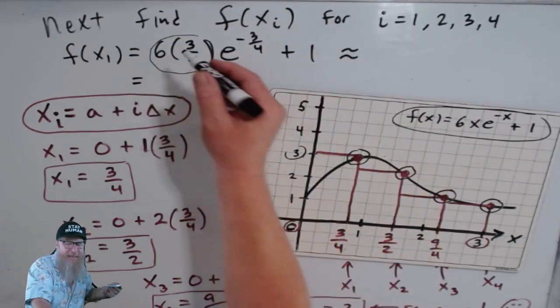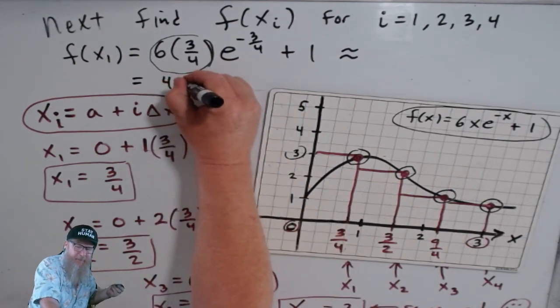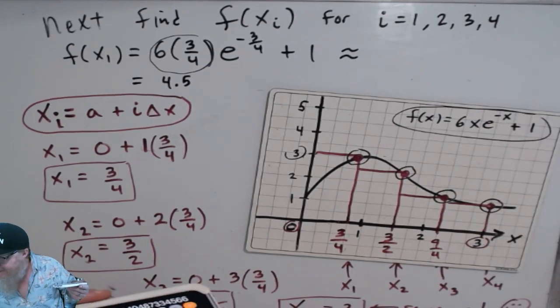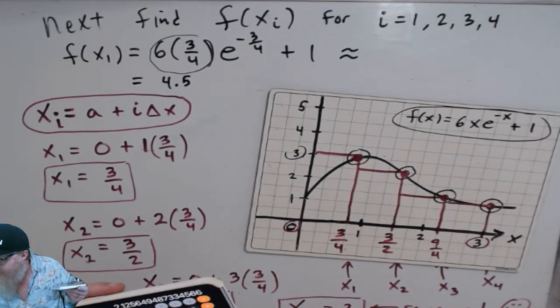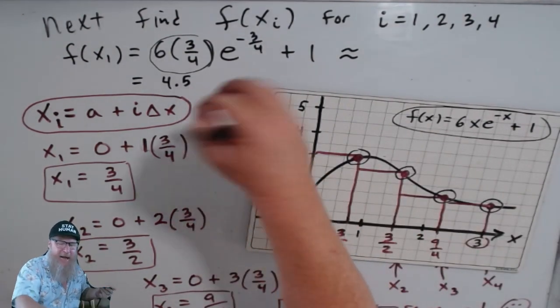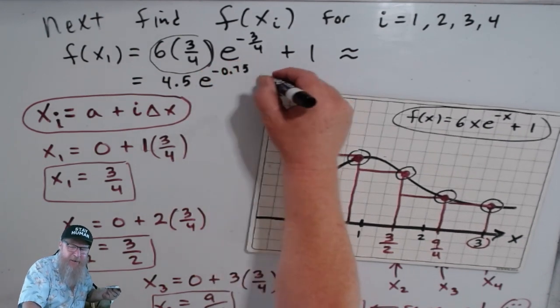That would be 18/4, which is 4.5. Right here, I have my other calculator to back me up. 18 divided by 4. Yeah. So I could just write that as 4.5 times e to the negative 0.75 plus 1.